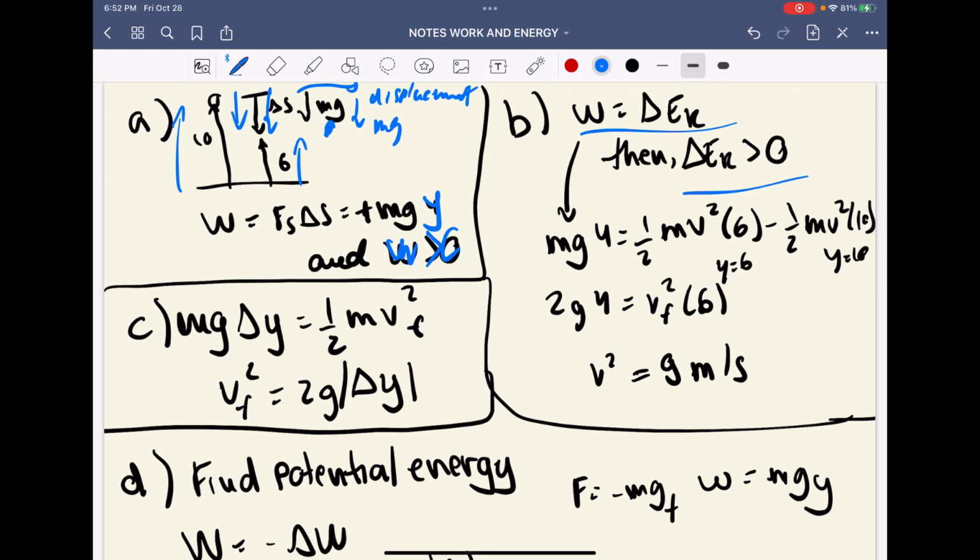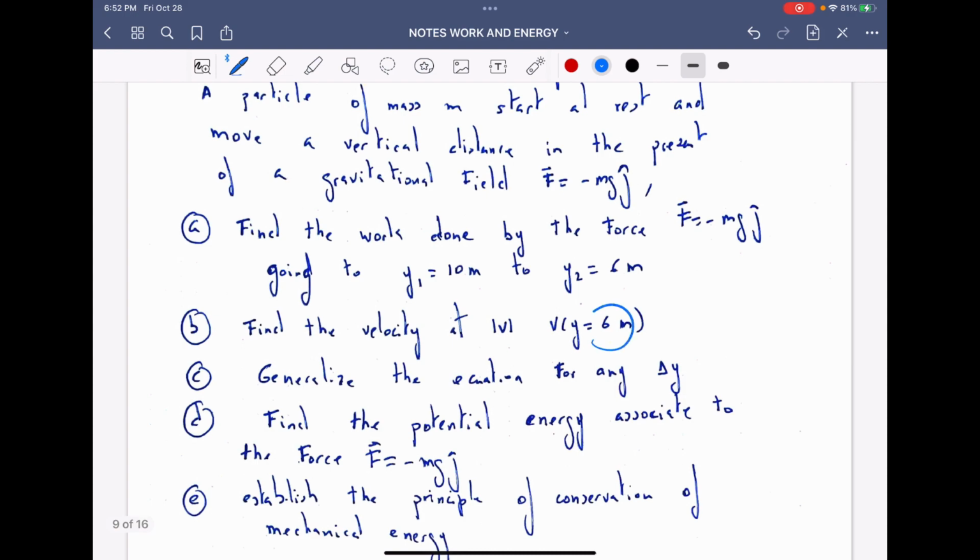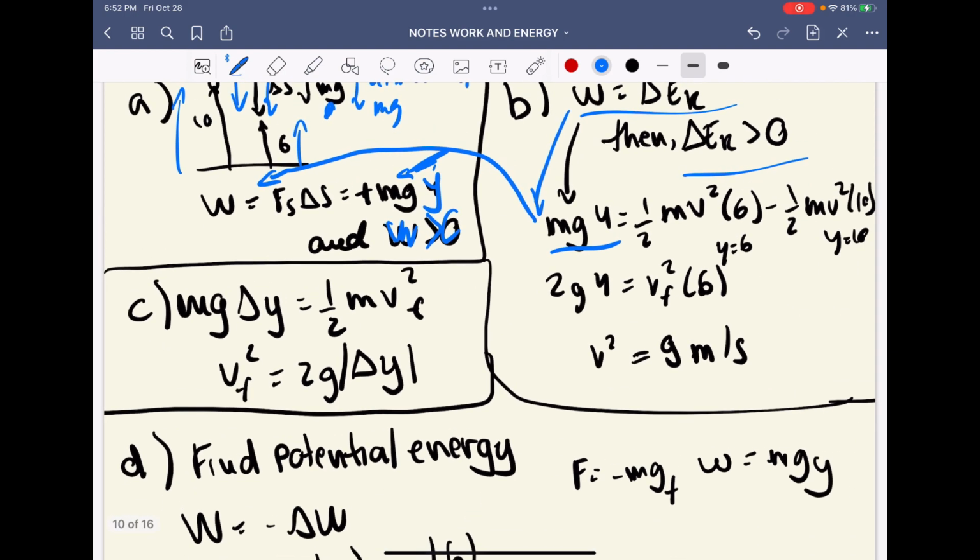So mgy, which is the same thing as the work, equals half m v squared at 6 minus half m v squared at 10. But this is not what it's asking, so we ignore that right now.